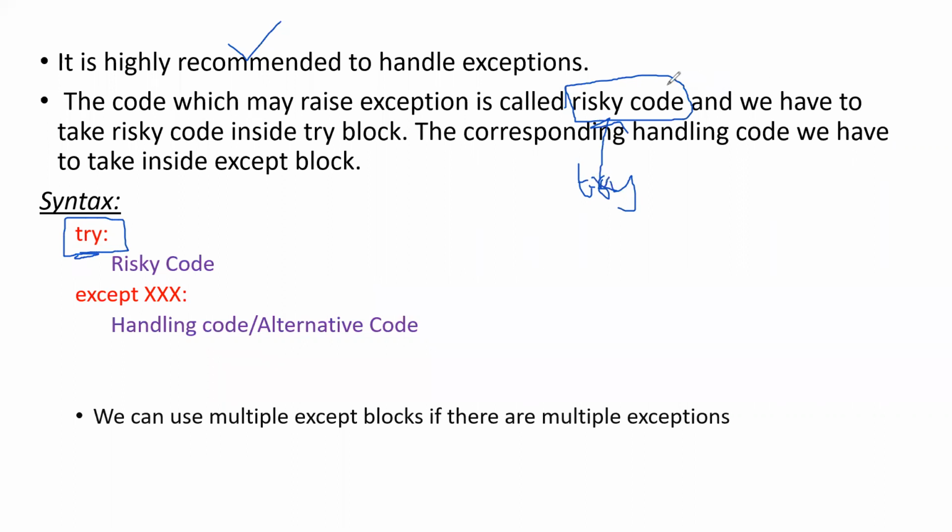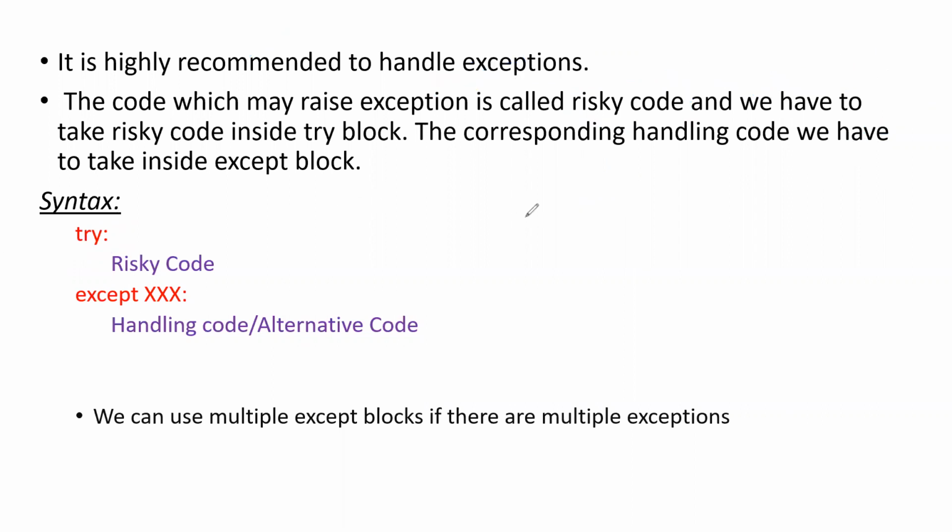If it is okay, it is not throwing an error, then show the output. If it is throwing an error, then accept that error and print something. I'm repeating once again, just focus on that.